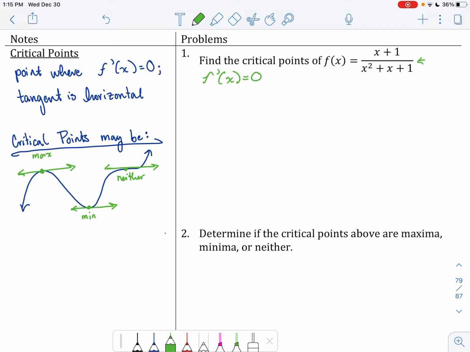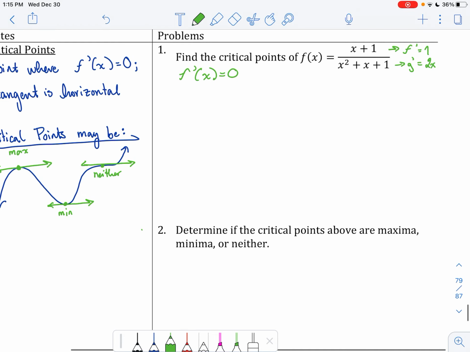Looking at this function here, we are going to want to use the quotient rule. So what I'm going to do in this case is say, okay, f is x plus 1, so f prime is 1. g prime for the denominator is 2x plus 1.